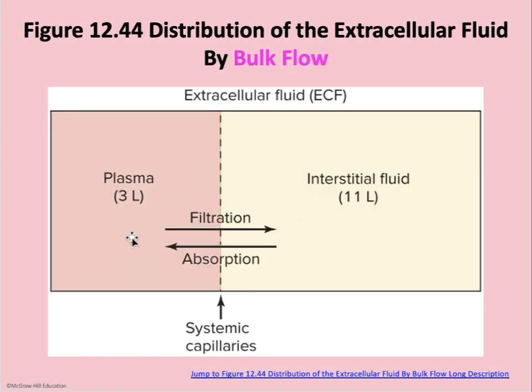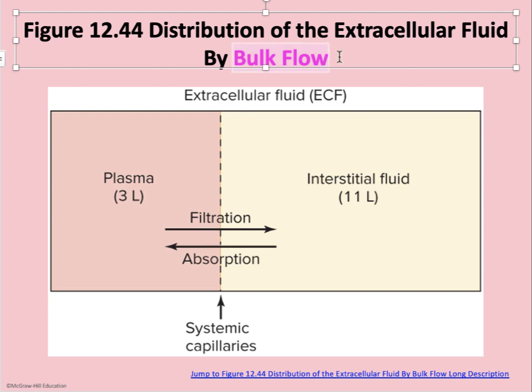The pressure in the blood capillaries is enough to cause filtration. Filtration is also known as bulk flow, and that is sufficient to deliver to the interstitial fluid and the cells bathed in it the nutrients and substances that they need to continue to survive.